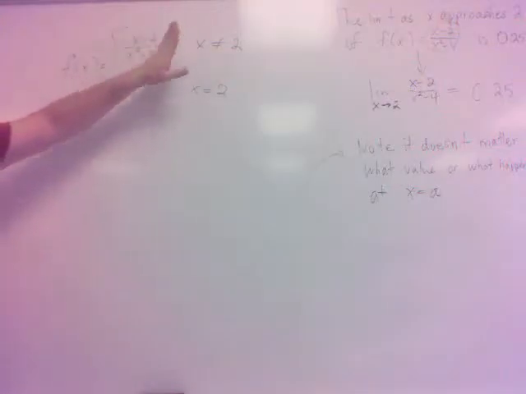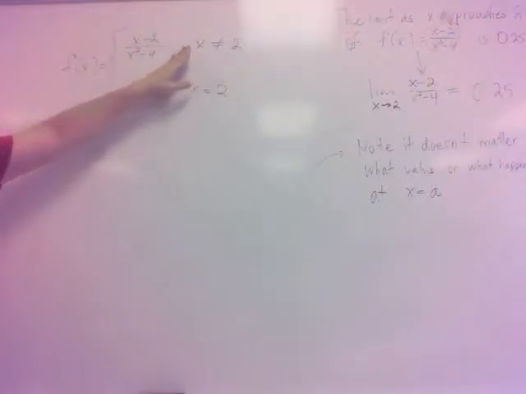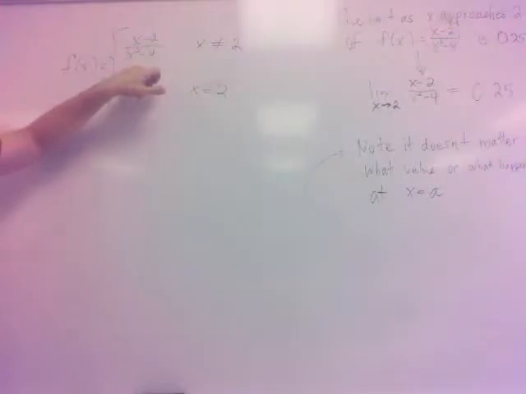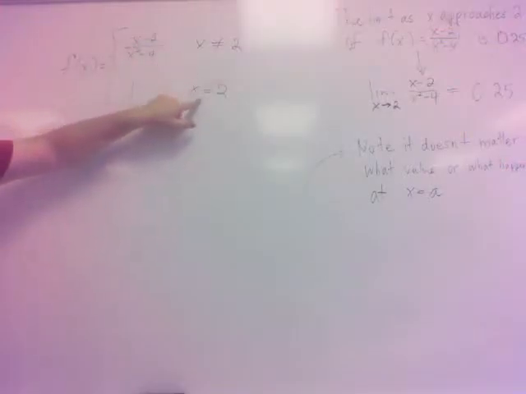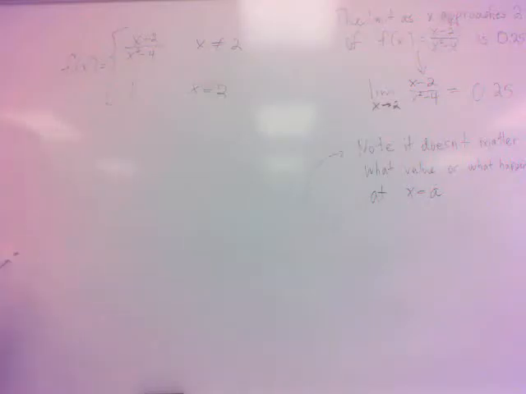With me on that? See what I'm saying? This one's not defined at 2, so I'm saying let the function be this anytime x is not 2. 1, 3, 1.5, 1.9, whatever it is. Anytime x is not 2, this is your function value. But when x equals 2, the function value is 1. Okay?